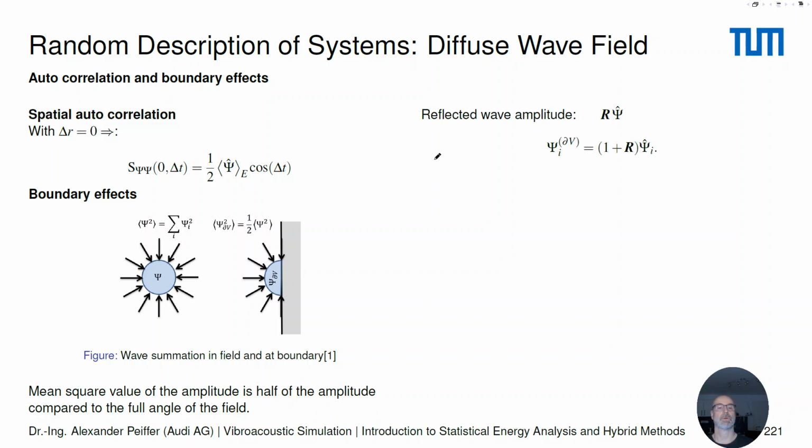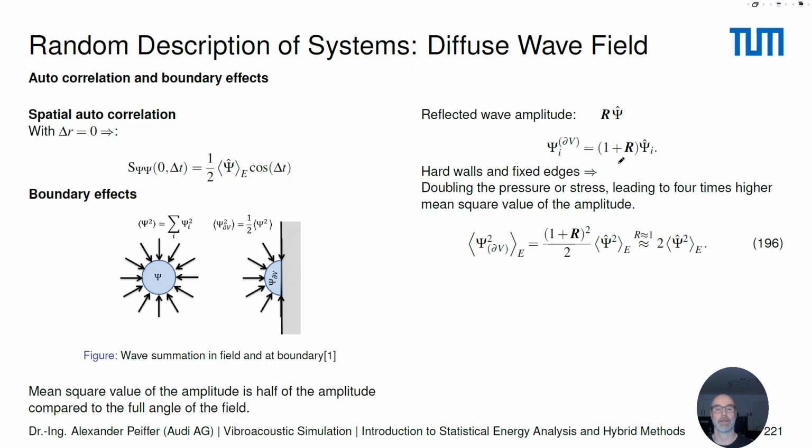Good. So now let's consider a different situation. When we have a reflection of a typical wave at the wall, we use a reflection factor, and the wave quantity that we have exactly at the boundary is given by 1 plus this reflection factor, times the incoming wave. If we say we have a hard wall, which can be assumed quite often, the pressure, for instance, is doubled, or the stress is doubled.